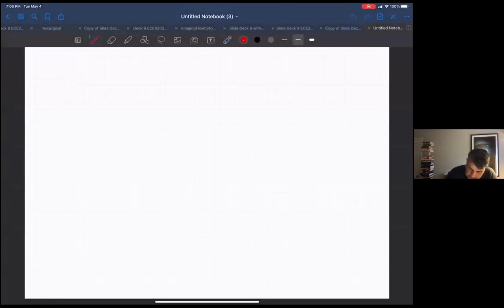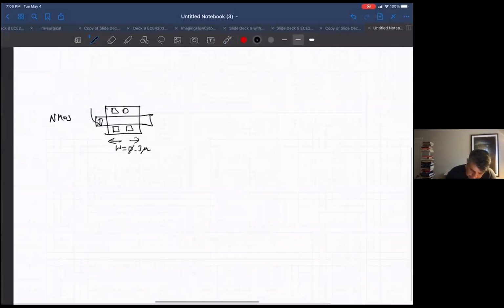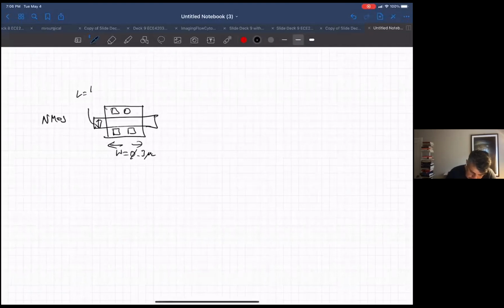Strictly speaking, if I was going to do the layout of this, let's say this is your NMOS, and the width is 0.3 micron and the length is 0.18 micron.